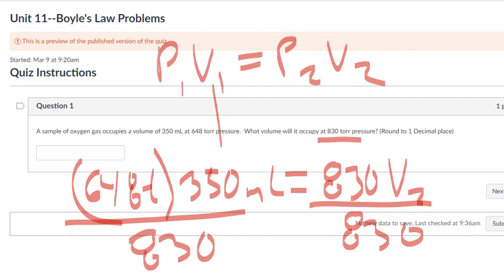So I'm going to type into my calculator 648 times 350 equals, and then I'm going to divide by 830, and I get a pretty crazy answer of 273.2530, but it says 1 decimal, so I would type right in here 273.3 because 1 decimal. That's how I do that. Do that again.